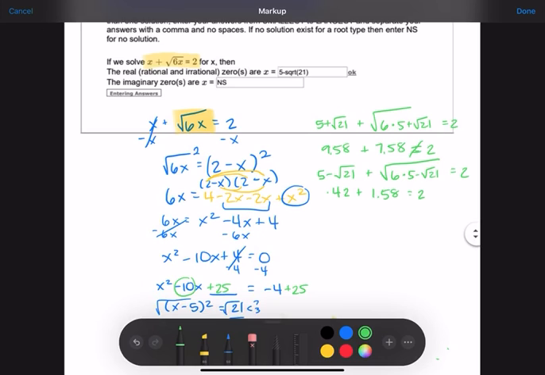And this should be equal to 2, and I get 2.00 with the rounding that I did. So this is true. Okay, so always be careful there.